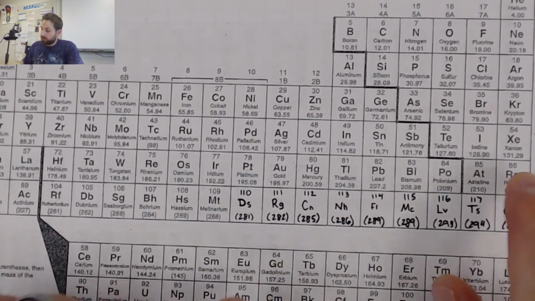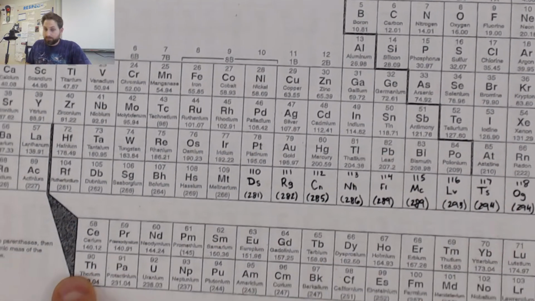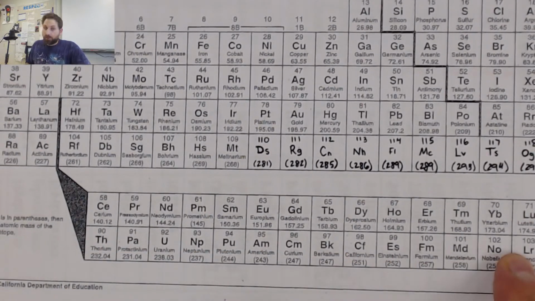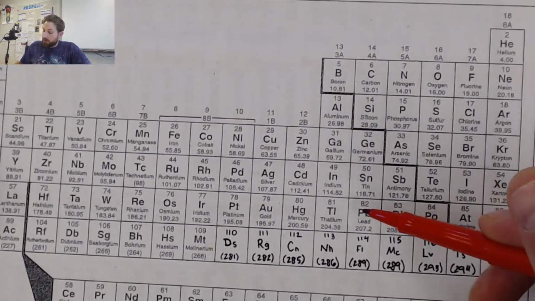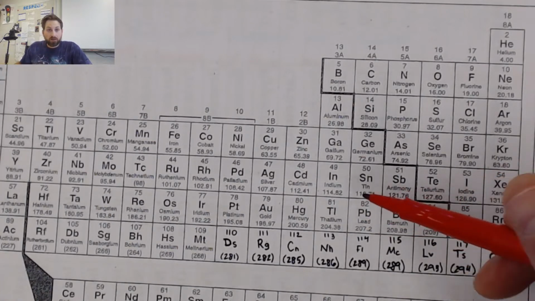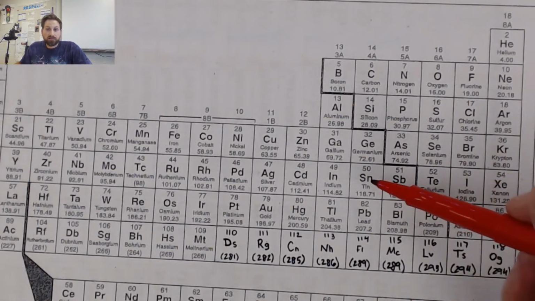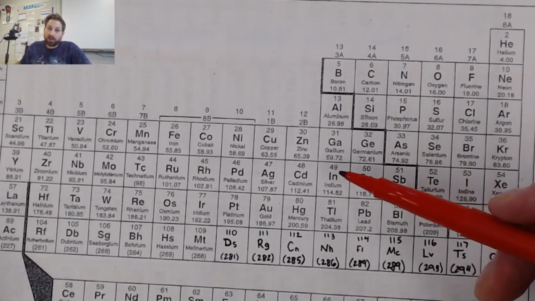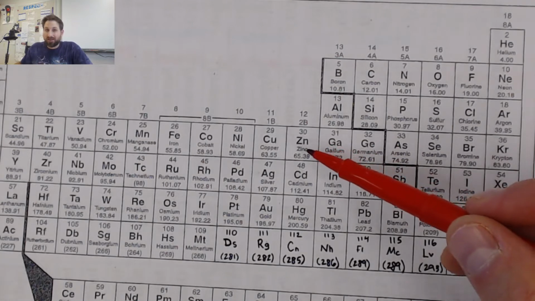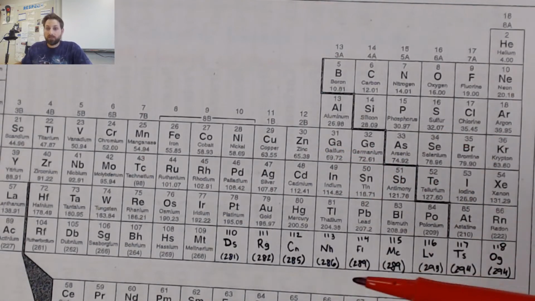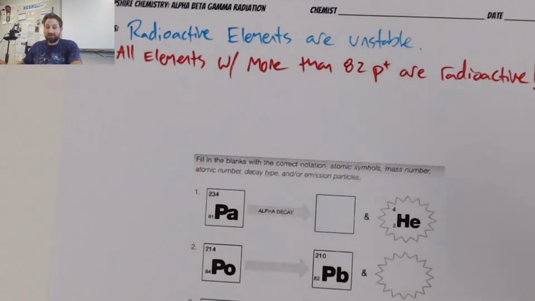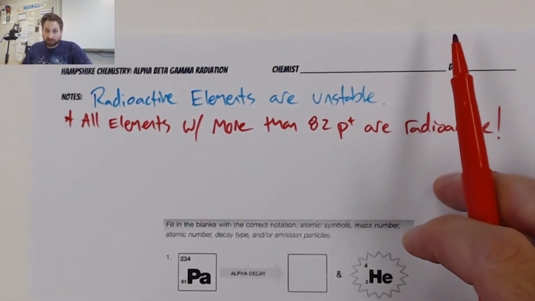So anything with a number larger than 82, all those things are radioactive in all forms. Now, elements with less than 82 protons within them, you can also have radioactive isotopes. They just have an unstable amount of neutrons, and they want to break apart, they want to become stable, so they do. So this is a natural process.